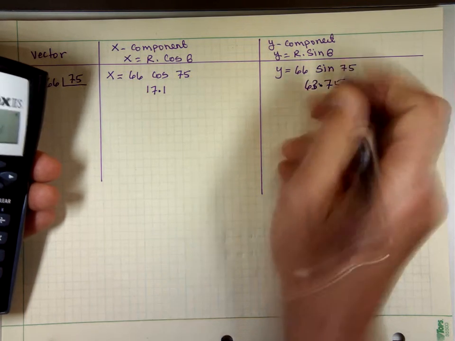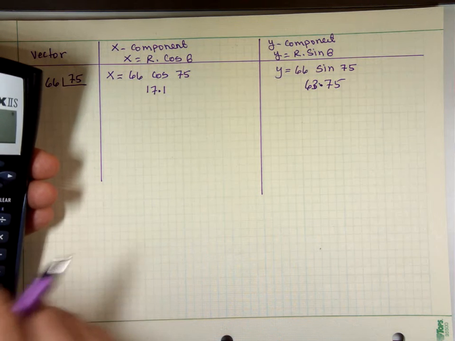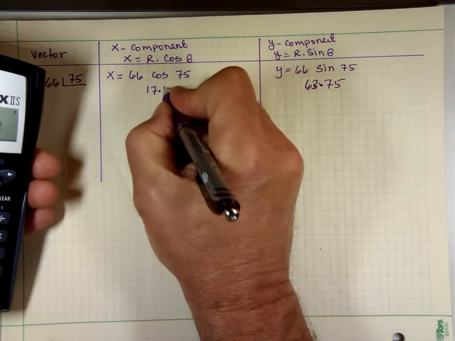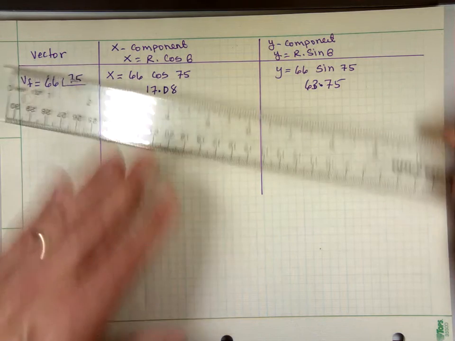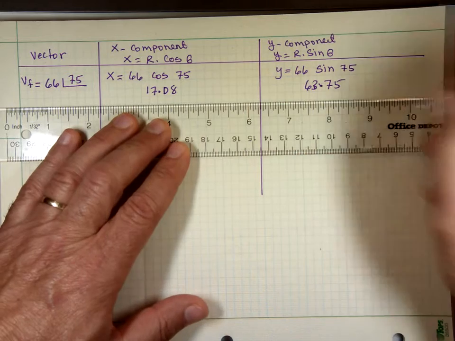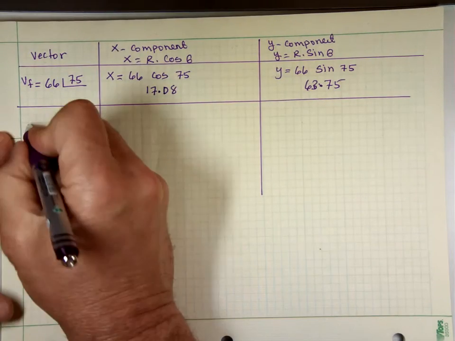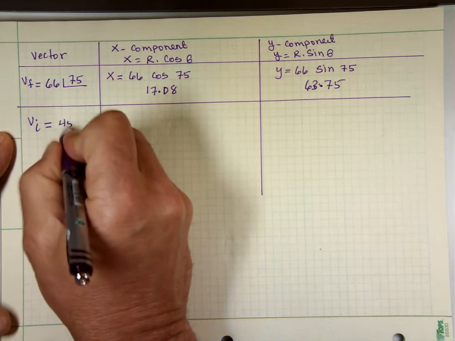And this one, 66 cosine 75, is 17.08. I'll carry 2 decimal places. That's the final. And VI, the initial, which is what? 45 angle 0.